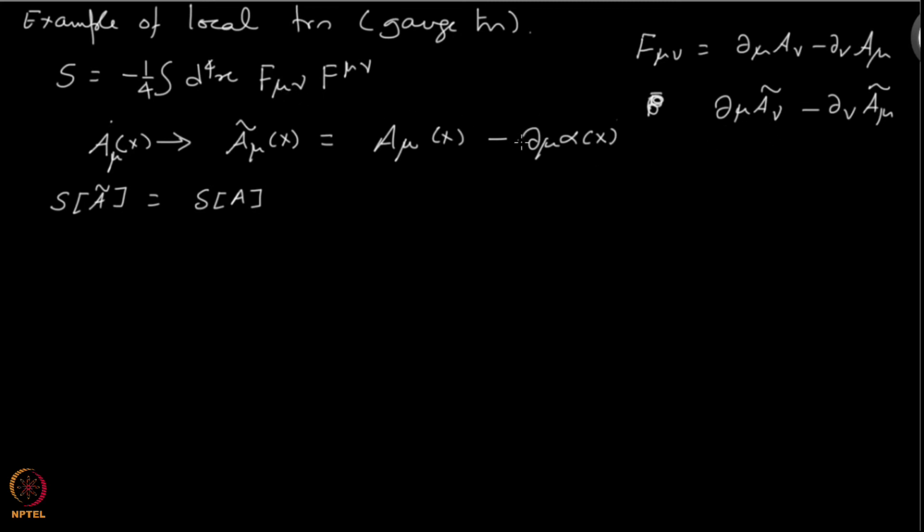And when you do so, this piece will give you a del nu del mu alpha term, and that one will give you a del mu del nu alpha, but these two are the same, so they cancel because of the minus sign, and that's why your f mu nu is unchanged under this transformation. And because your action is built out of two f's, your action will also not change under this transformation. Okay, so this is an example of a local gauge symmetry transformation.